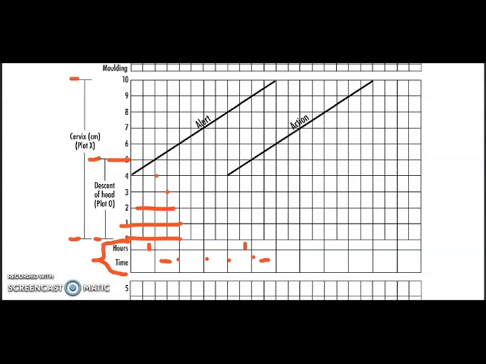Then we have another part where you need to record other stuff. Let me talk about them. Alright, so the other part of a partograph is where you record the progress of labor as well, and you record contractions.